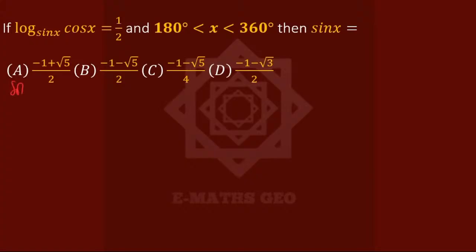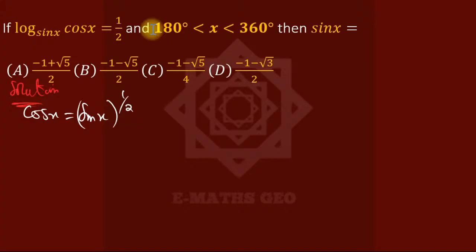This will combine a lot to relate to a quadratic. First of all, we need to remove the log function. If I move the log to the other side, it becomes indices, the inverse. So it's now sine x raised to the power 1 over 2.